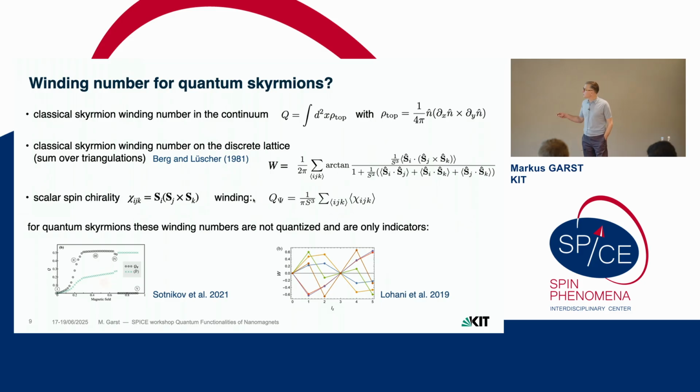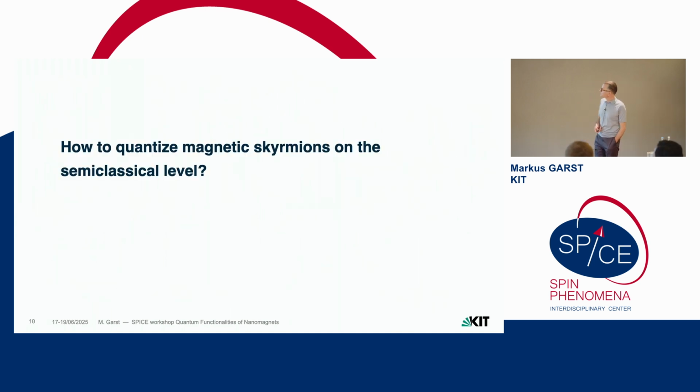But they don't guarantee that you get a quantized winding number, because the quantum fluctuations will lead to renormalizations, and it's not topologically quantized on the quantum level. Good. So this was one line of approach.